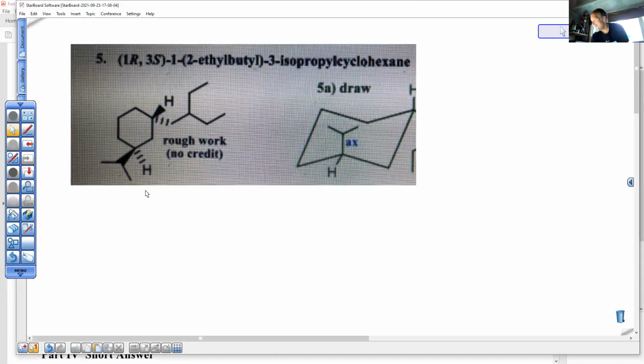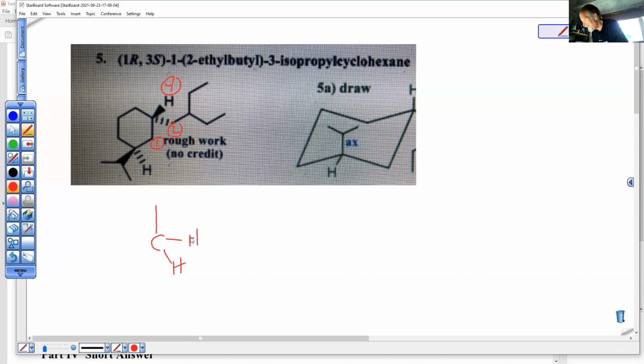And I believe it's this top stereo center. Is that R-A-R? I think it was the top one. Let's just make sure we know if it's right or wrong. We're going to put 4 for the H. And the 1 is actually this CH2, because, and I'll go over that more in depth, that's a C with 2 H's.